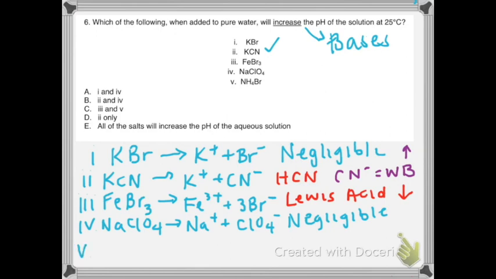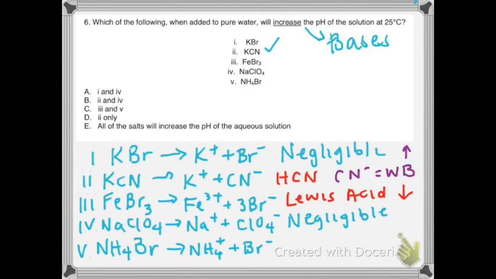Okay, last one is NH4Br. We'll make NH4 plus and Br minus. So we decided that Br minus is negligible, comes from HBr, a strong acid. So that leaves us with these NH4 ions.